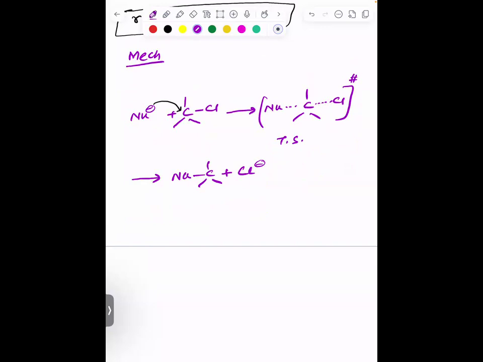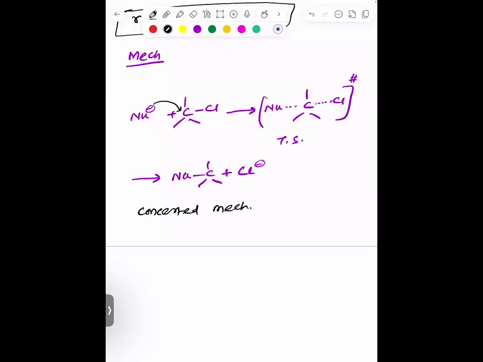So this mechanism is known as the concerted mechanism. This is known as concerted mechanism, right? SN2 follows the concerted mechanism.